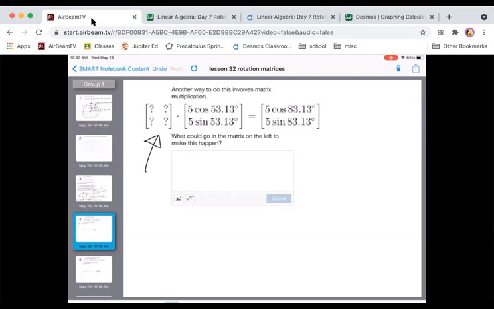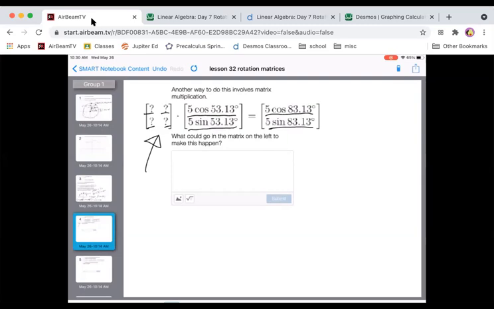Those had a lot of ones and zeros and negative ones in them. But what about this one? Well, it's not so obvious when you look at it this way. What four things have to go here, here, here, and here, so that the original point, (5 cosine 53.13, 5 sine 53.13), which is a fancy way of saying (3, 4), becomes the answer?